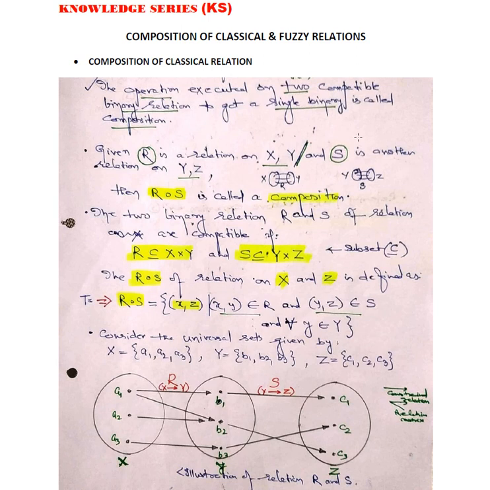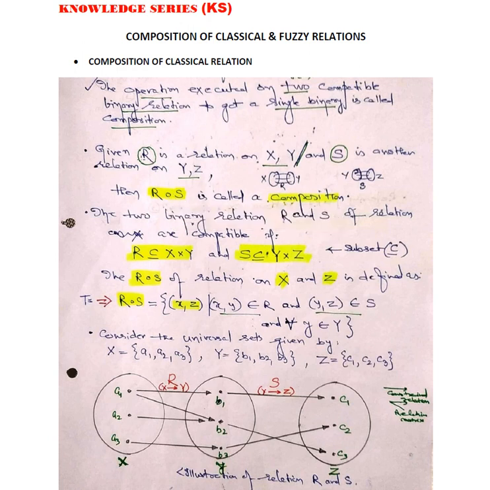Similarly, let us take Y and Z. Y is one set, Z is another. From there too we find a new relation S. Then we create another relation which is the relation between R and S. That is represented in the notation R circle S. That is called a composition, or we write it like a dot but bigger in size.